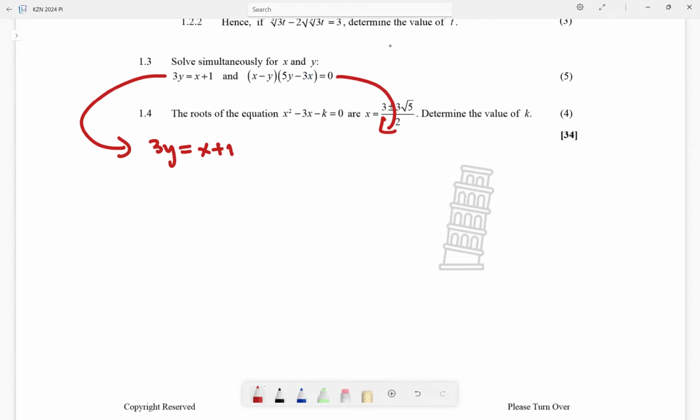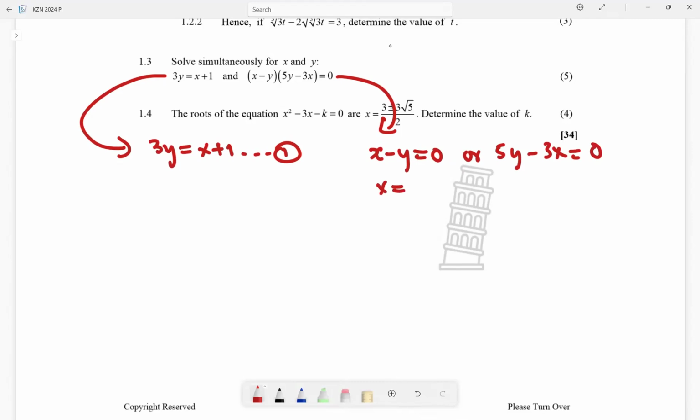If you do that, assume that you are solving for x here. Let me call this one. The first one will be x equal to y. Let me show you why. I'm saying x minus y equals 0, or 5y minus 3x equals 0.